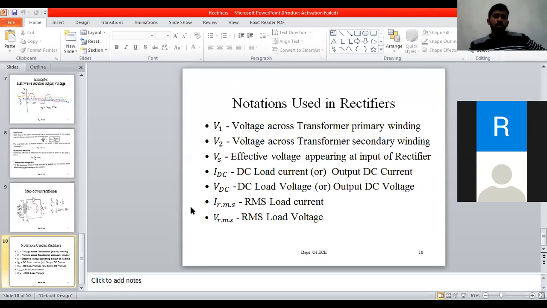These notations I am commonly using: V1 is the voltage across the transformer primary winding, V2 is the voltage across the transformer secondary winding, and VS is the effective voltage appearing at the input of the rectifier. IDC is the DC load current. VDC is the DC load voltage. IRMS is the RMS load current. VRMS is the RMS load voltage. So these are the notations we are using. That's all for today.